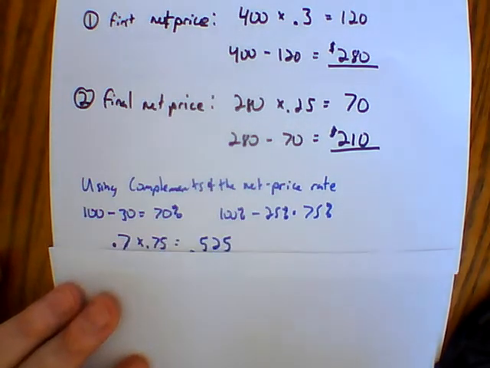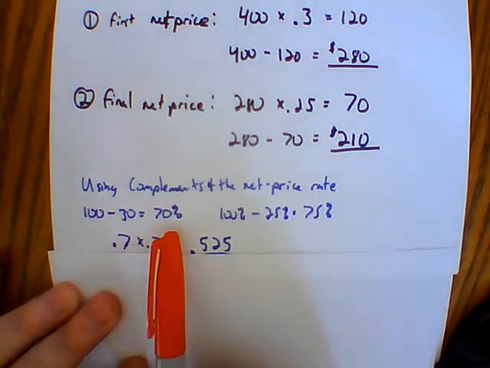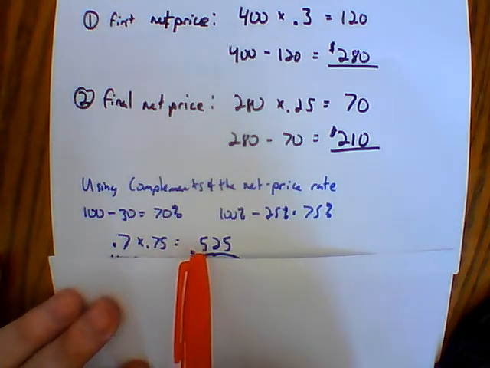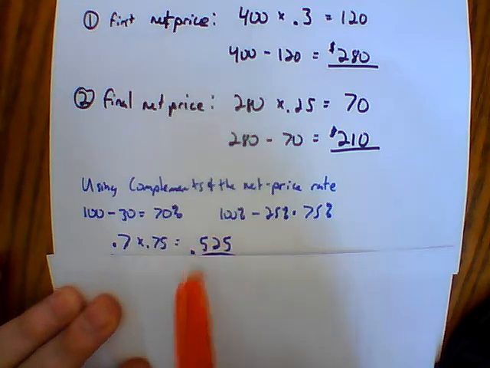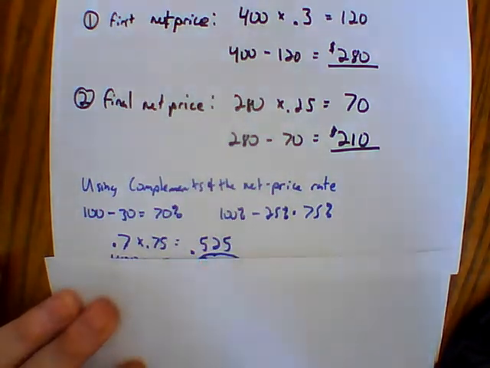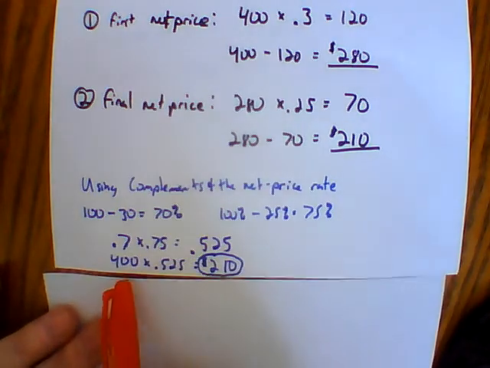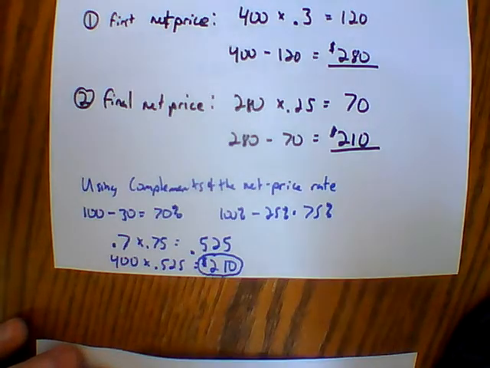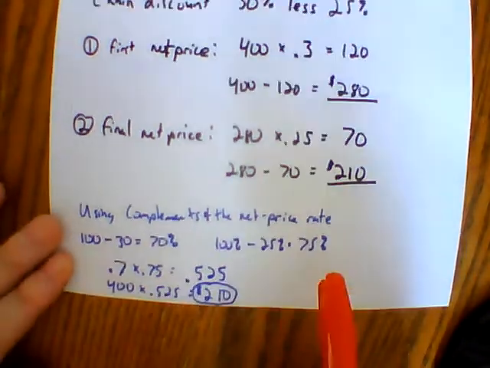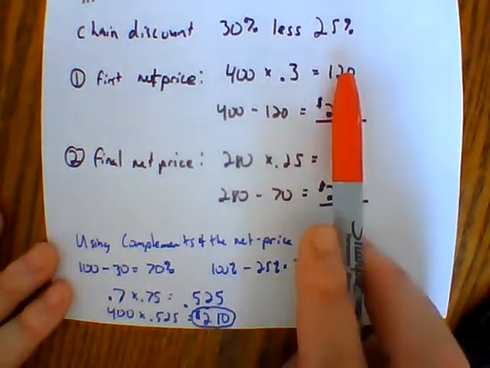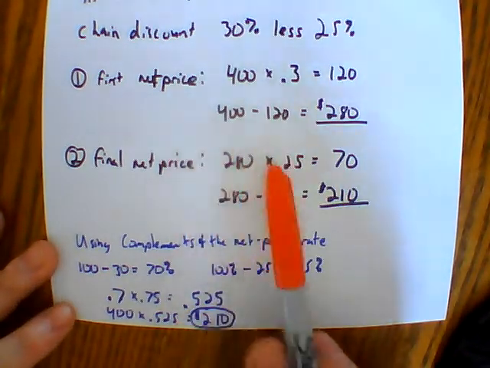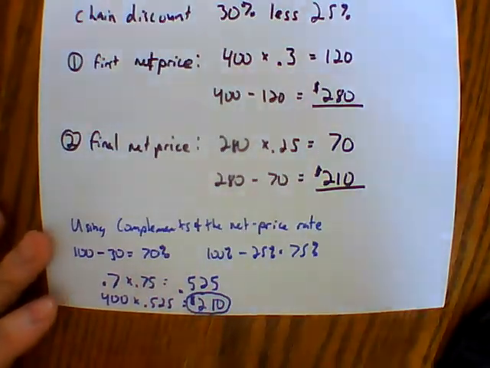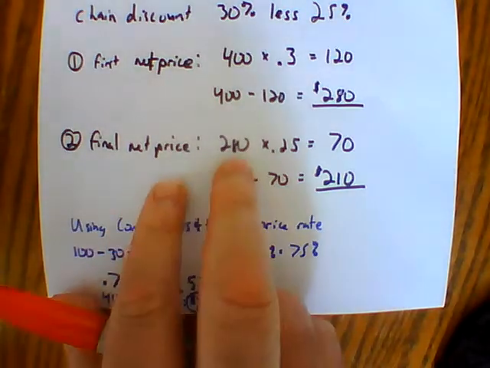So we take 0.7 times 0.75 and get a payment rate of 0.525. Then we take 400 times 0.525 for $210. Rather than finding the first discount, what we owe, then the second discount and what we owe, we can find our final price by multiplying the complements of our discount rates.